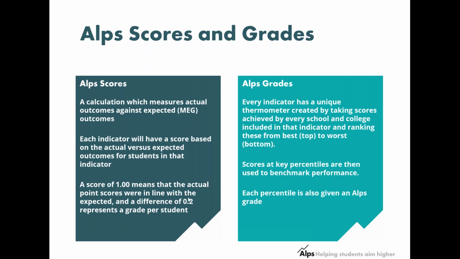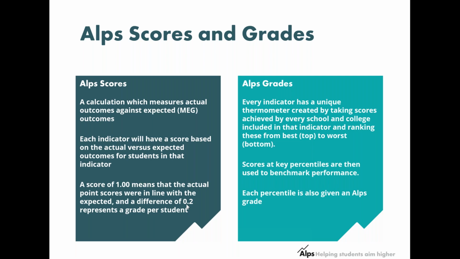I have put down here that 0.2 represents a grade per student, which means that if you see a score of 1.2, every student has performed one grade up from their MEG. And if you see a score of 0.8, every student has performed one grade lower than their MEG. So that's the score.